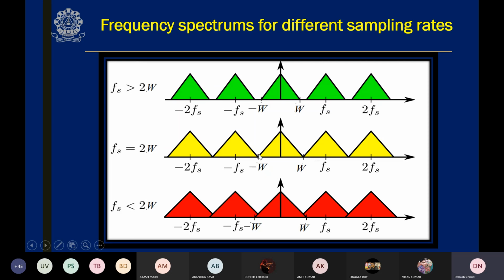a filter critically like this, which will only select this band by rejecting the other one. But there is a chance, if some error is there.